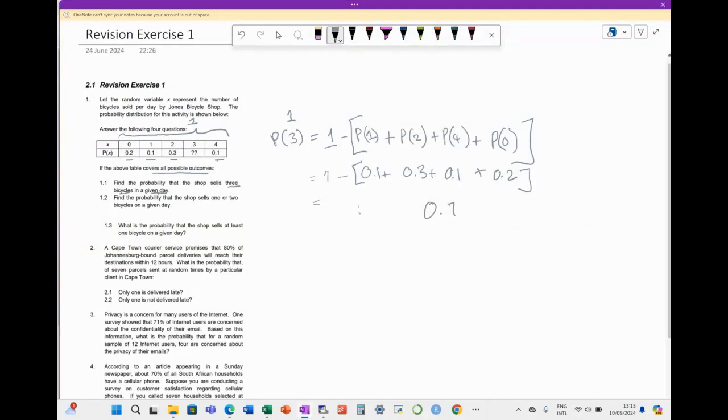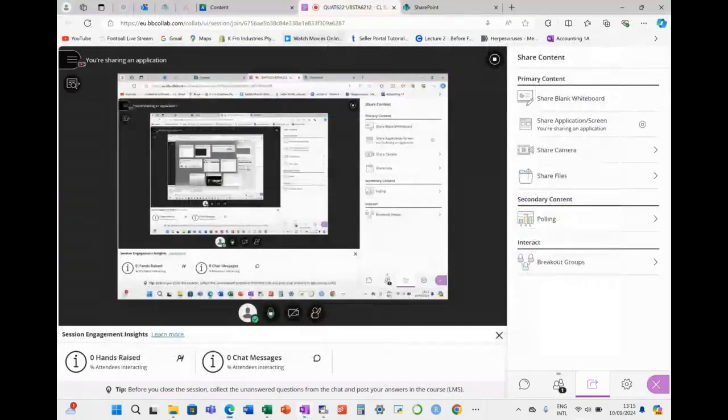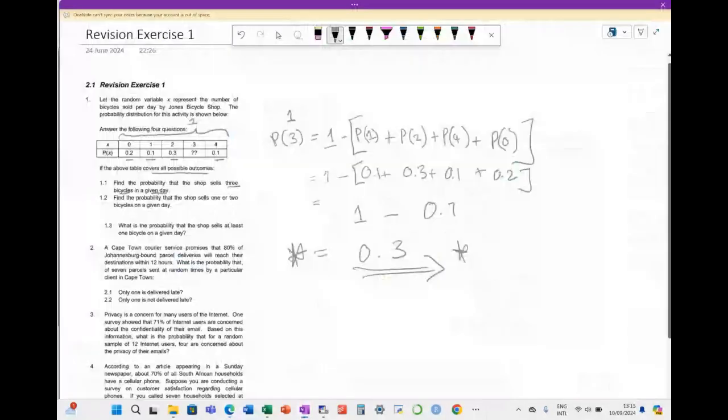So we're saying 1 minus 0.7, which is obviously going to give us 0.3. So the probability of selling 3 bicycles is 0.3. Happy with that? Okay, that's your first one.